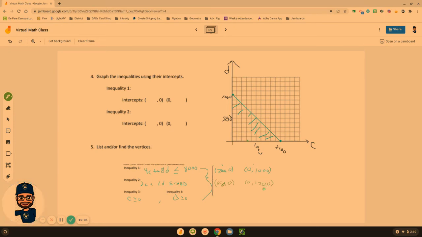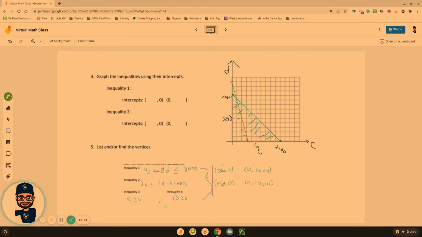The y-intercept 0, 1,000, 11, 12, 1,300 is right in there, meaning we can connect those also with a solid line. If I check 0, 0, 0 plus 0 is less than 1,300, we are also shading under the green line.